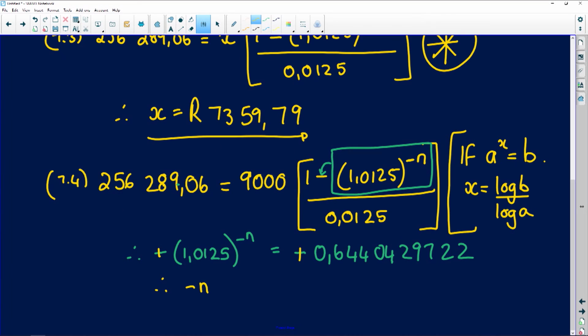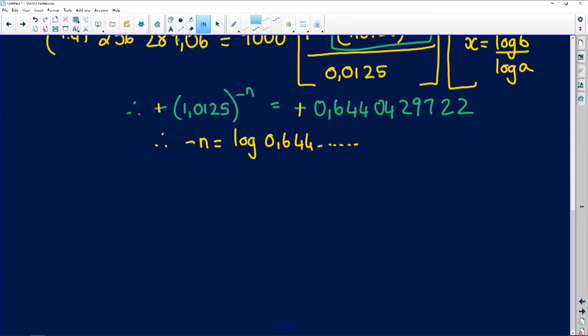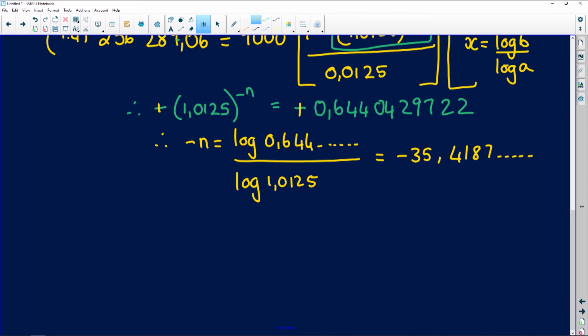So minus n is the log of 0.644, and remember, you put all those numbers in, divided by the log of 1.0125. Now, folks, if you do that on your calculator, you will find a number of minus 35.4187 and a few more decimals.